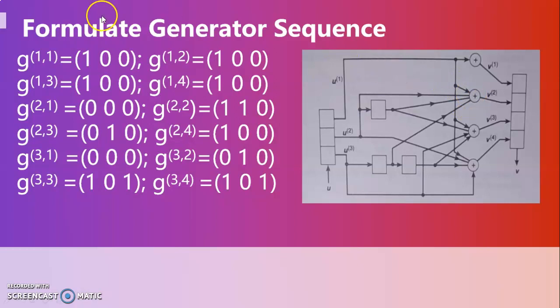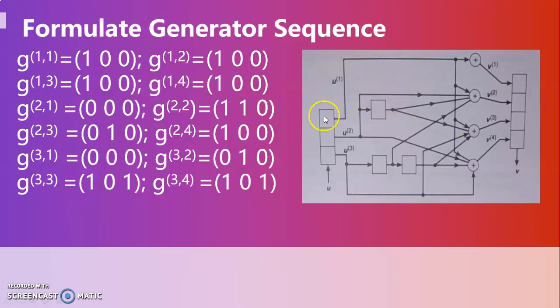Therefore, here also the first bit of the generator sequence is 1. And no other link is connected from this input. See, from the first input only this link is connected. Other than this link, no other link is present which is connected from the first input. So the other bits are 0. Likewise G13 and G14 all have the same value, that is 100.